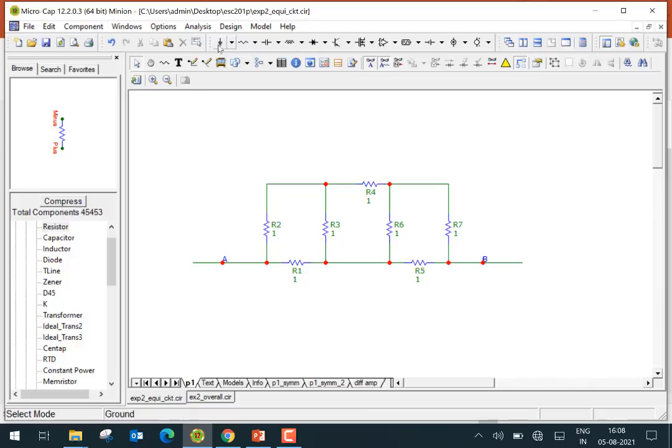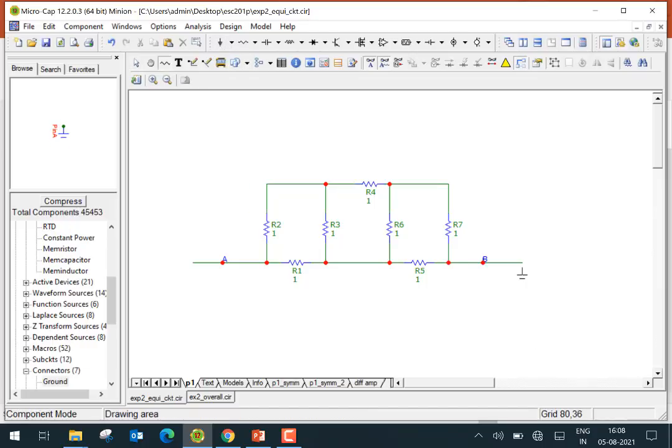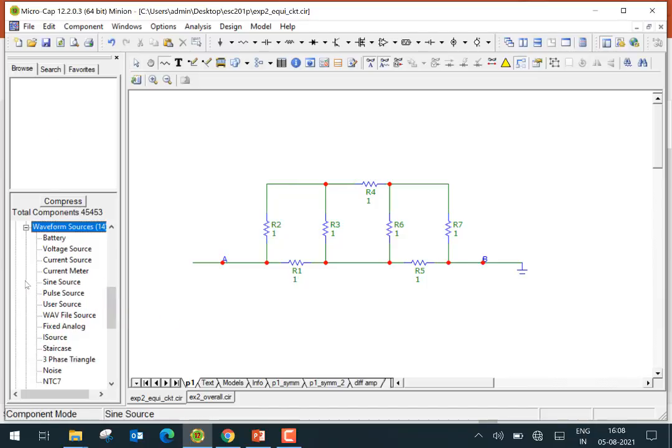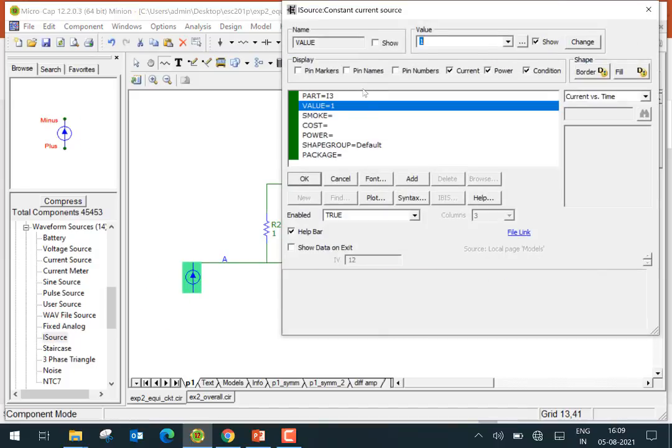All we need to do is, suppose we take one node and ground it, and at the other end I connect a current source. Let me go to the I source here and connect it here, and give it a value of 1 ampere.